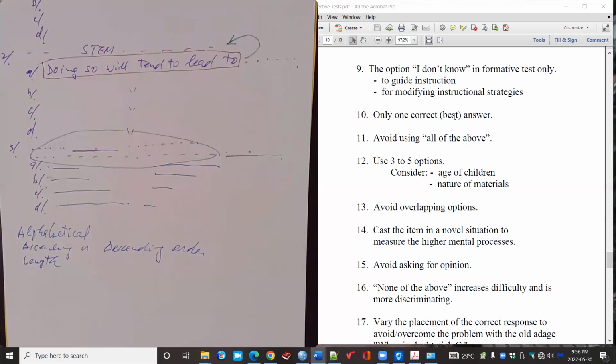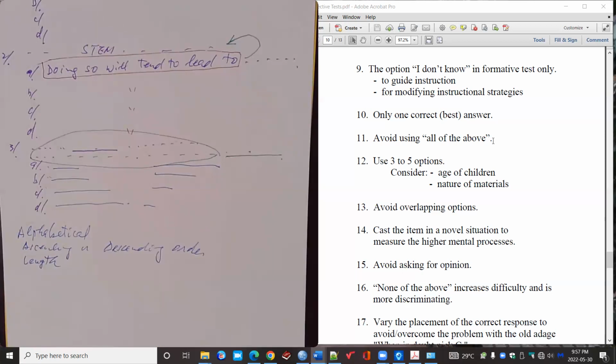To avoid any future argument, put down the best answer. Sometimes you may inadvertently put another correct answer, but it is not the best, just to avoid later argument.